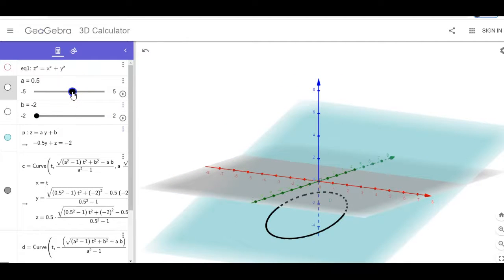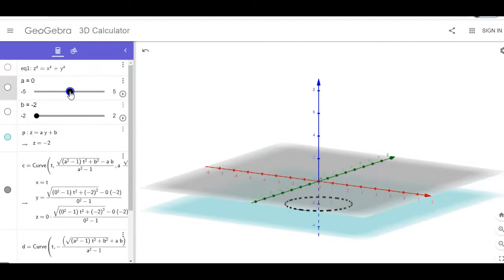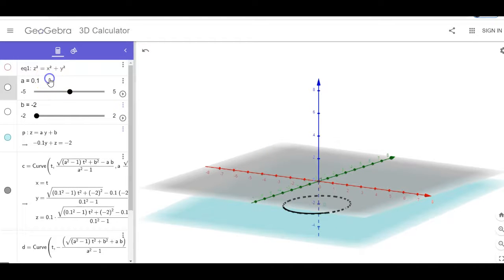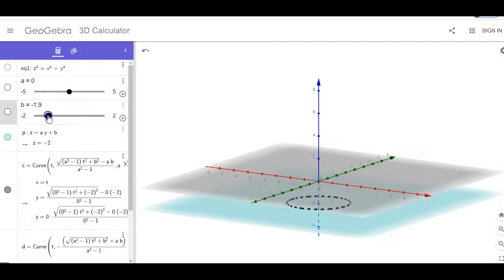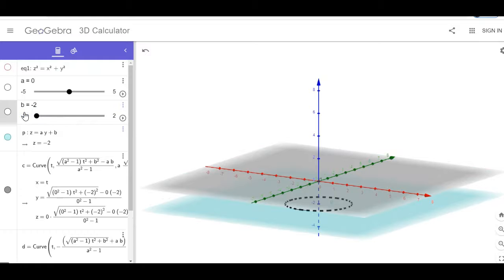And then finally, when A is 0, when we don't rotate, when it's just the XY plane that we're lifting up and down, we get circles of varying size. Okay, so those are the conic sections, and we're going to go over them in detail one by one, starting with the ellipse.